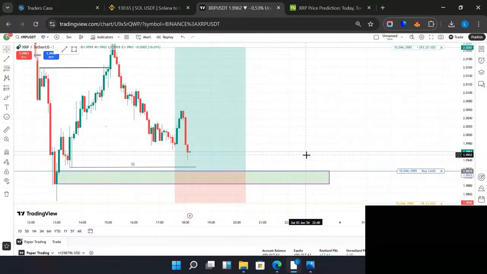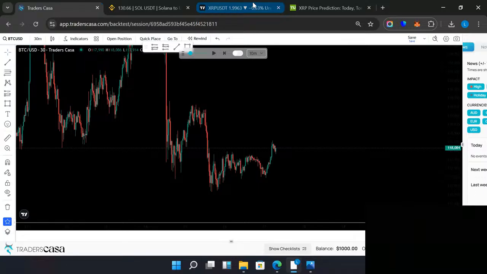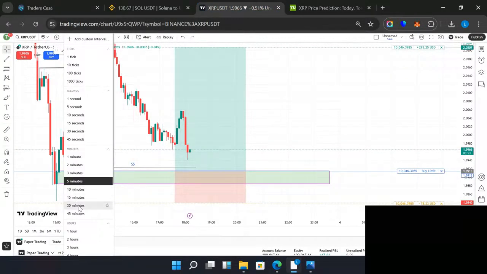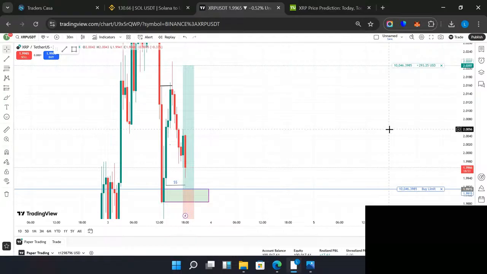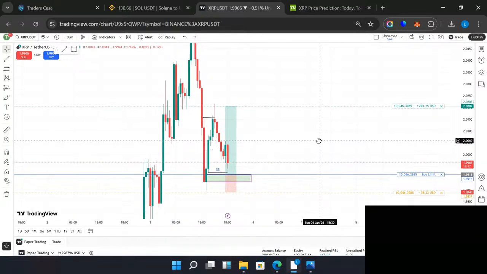So I think I should explain the strategy also, so that if you don't believe right now, okay, there's an advertisement, no problem. This strategy works on every single kind of time frame. Even if we look at the 30 minutes time frame over here right now, there's going to be a different picture.